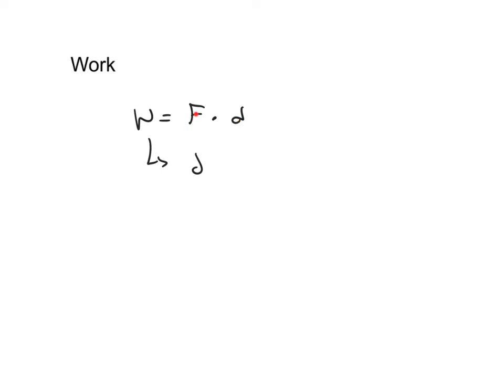So the more force, the more work, or at greater distance that the force is applied at constant force, the more work. And in terms of distance in chemistry, as I mentioned before, distance is determined by how much volume is expanded or contracted. The system either increases its volume or increases its distance or decreases its distance. And so this concept of D is applied to expanding or contracting gases.